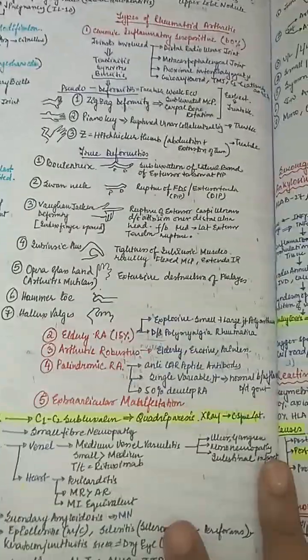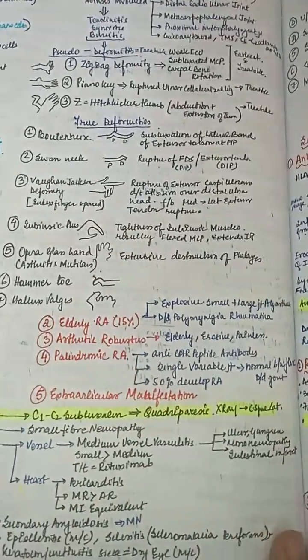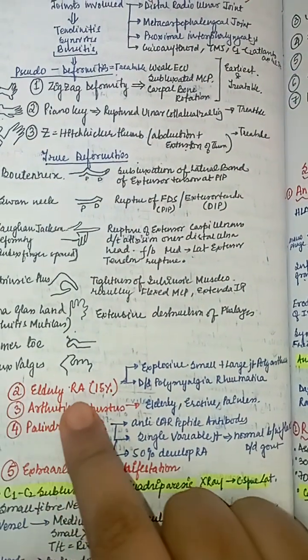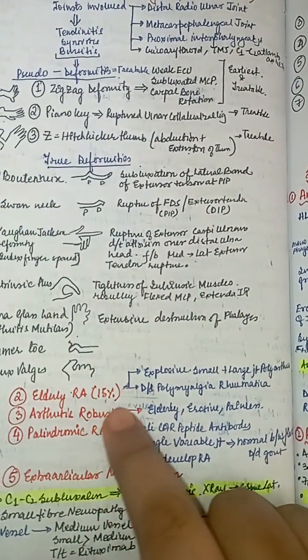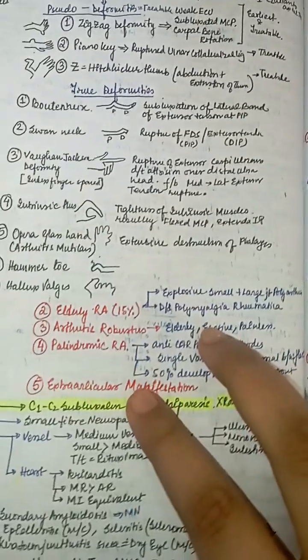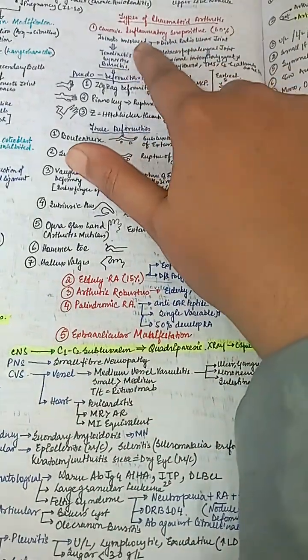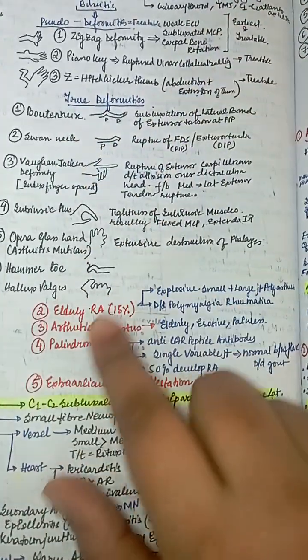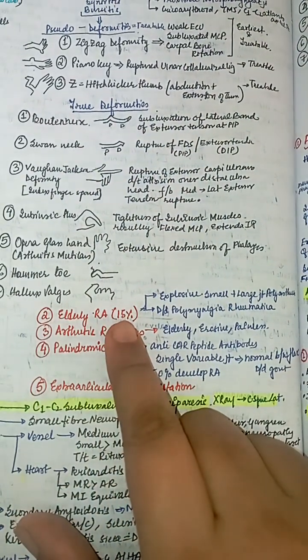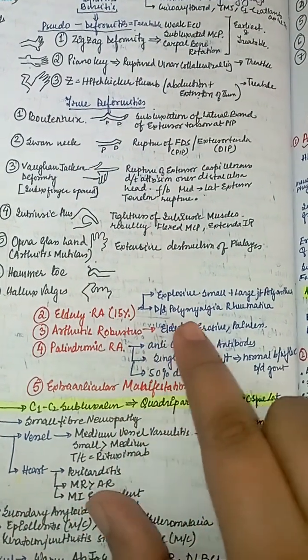So, other forms of manifestation is elderly RA. The 60% is the chronic inflammatory seropositive RA, and elderly RA is 15%.